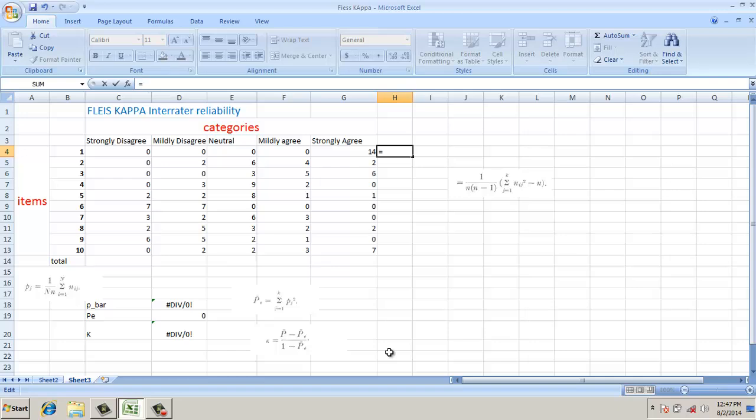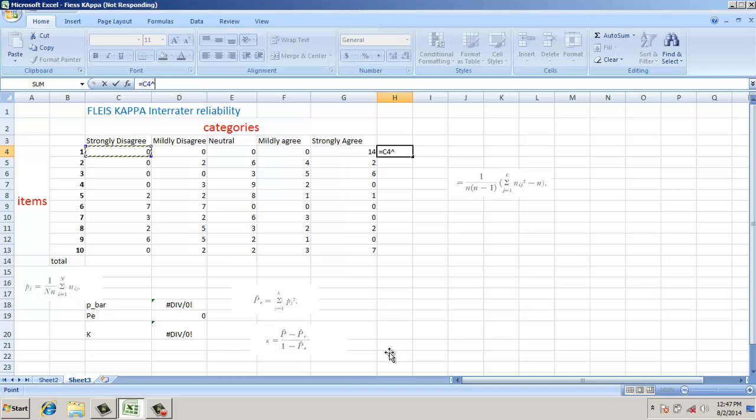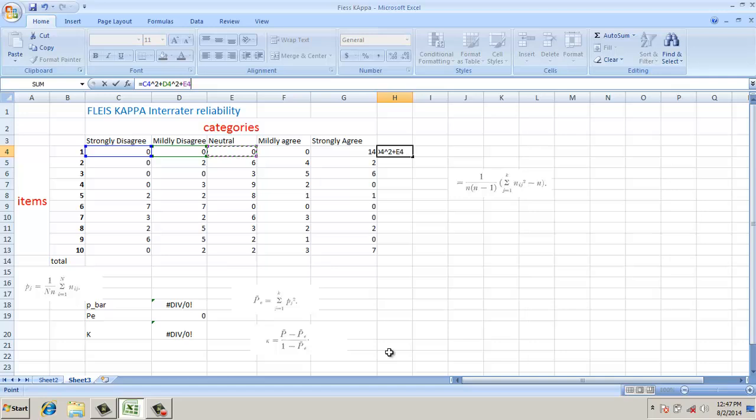Take the first row's first column, then I square it, add the second one to it, I square it, then I add the third, and so on. Now I have squared the items.